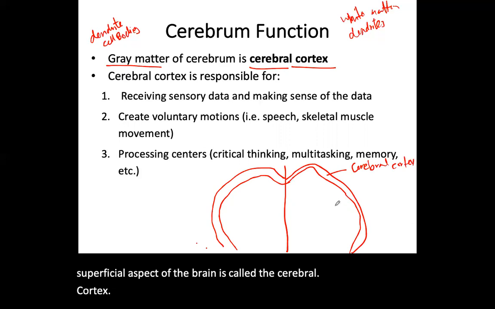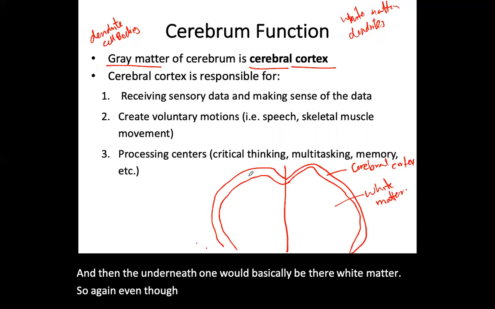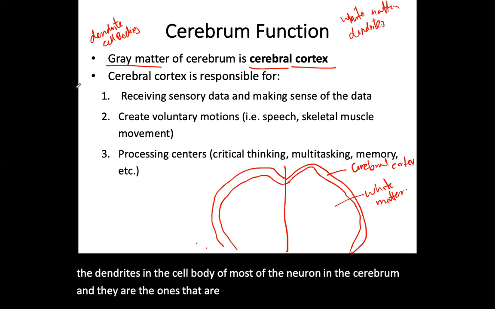And then the underneath one would basically be the white matter. So again, even though cerebral cortex is relatively small, it does contain the dendrite and the cell body of most of the neurons in the cerebrum. And they are the ones that are actually going to do the job.